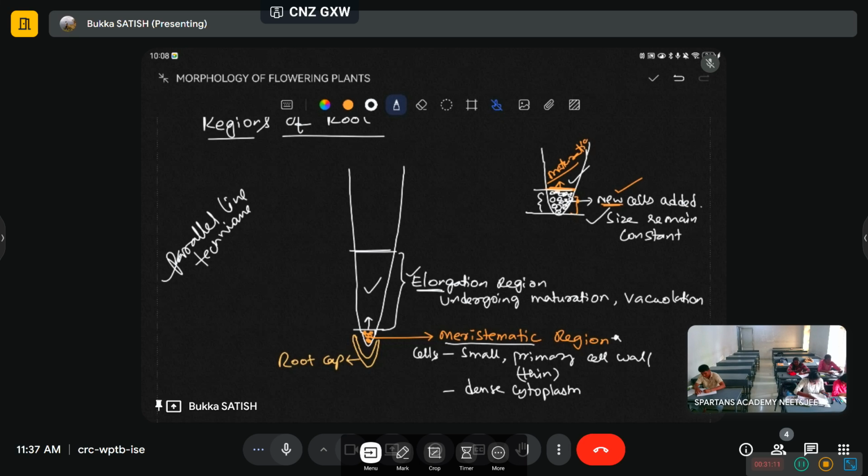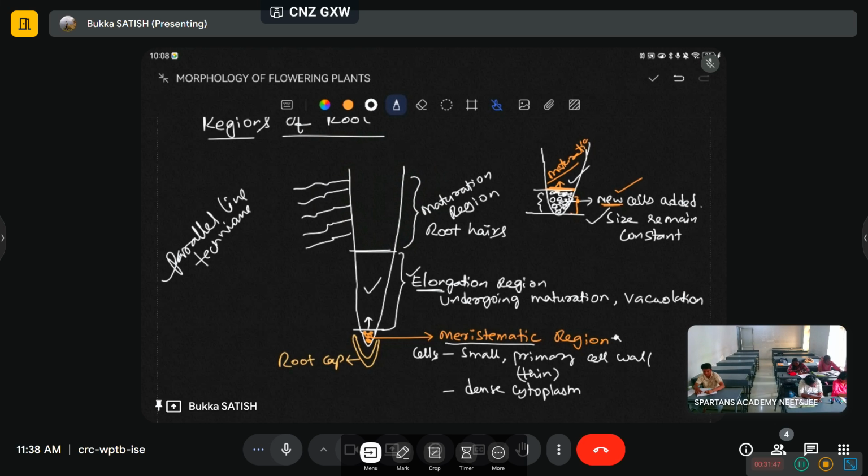Okay. And finally, this is the part where the cells are in the highly matured state, which is what we call the maturation region. And the specialty of this part is that this is where you will see the root hairs. The root hairs are present only in the maturation region, not anywhere else.